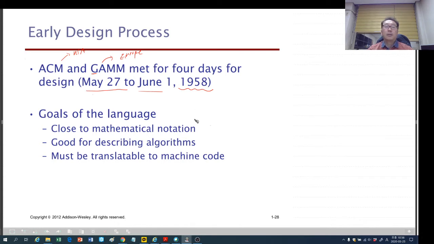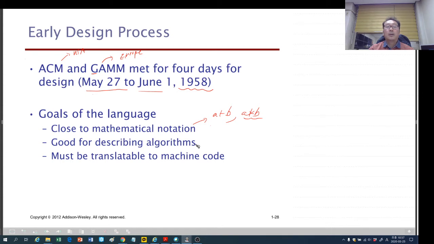The first goal is that the program language should be close to mathematical notation, for example A plus B, A star B. The current program languages are very similar to mathematical notation. So one objective is that the program language should be close to mathematical notation.